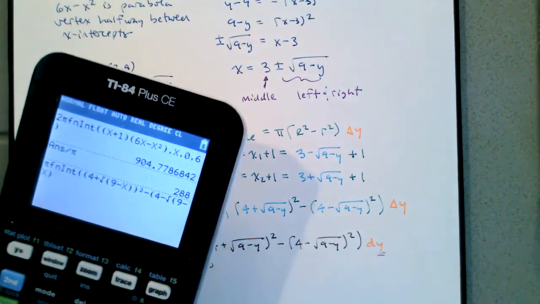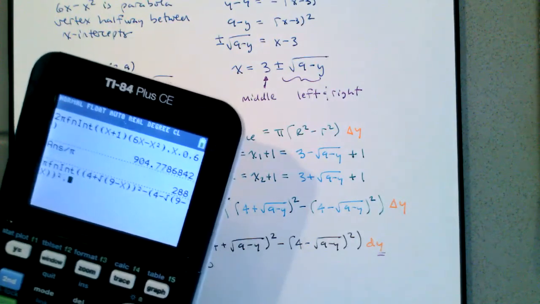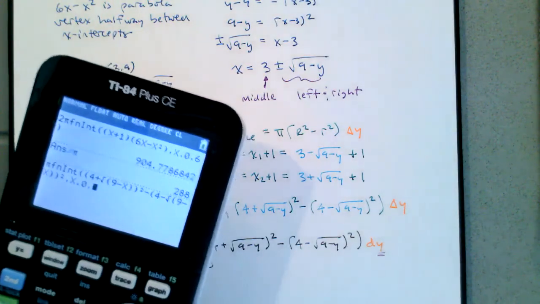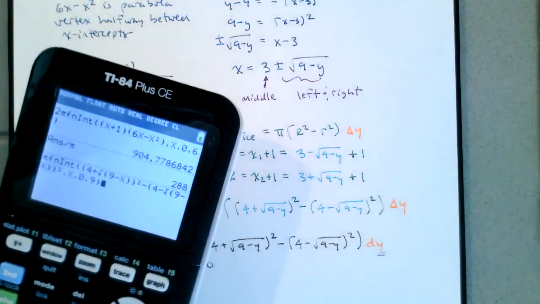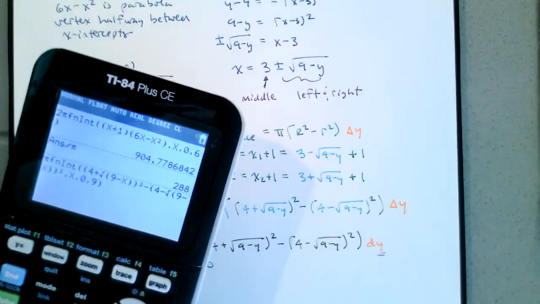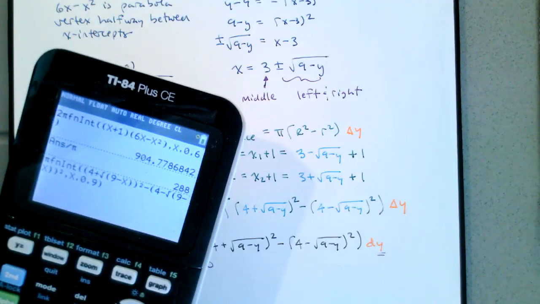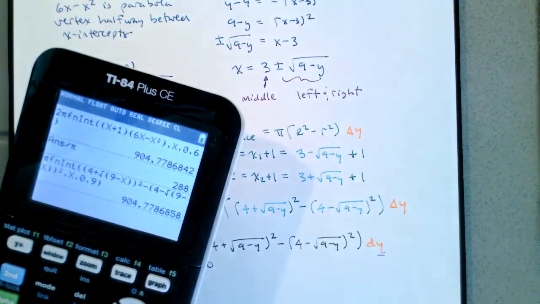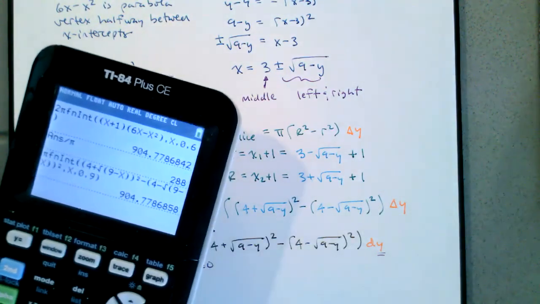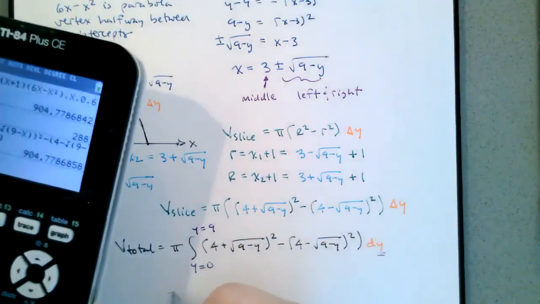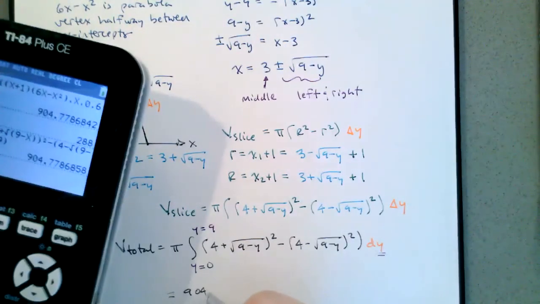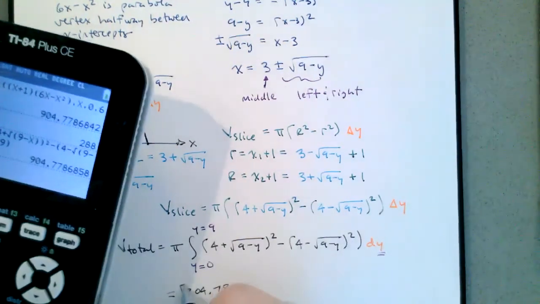Close the square root, close the sum, and then square it with respect to y from 0 to 9. Hey, it worked. It's amazing. So we get 904.78.